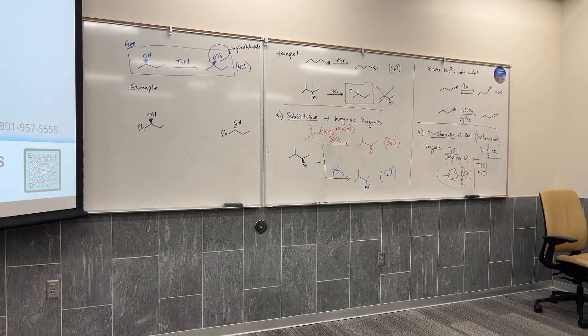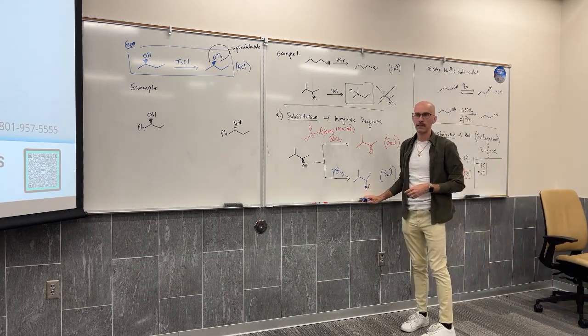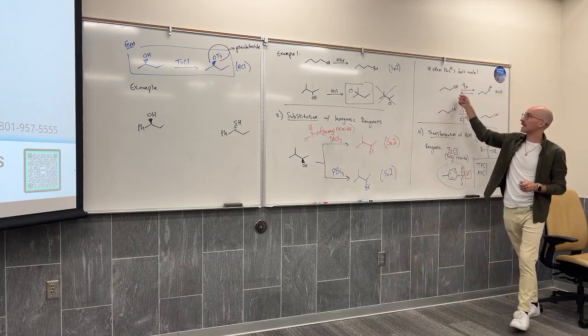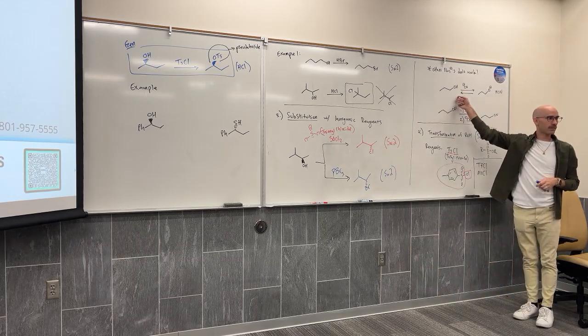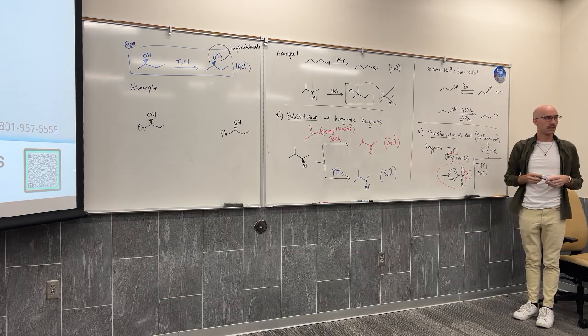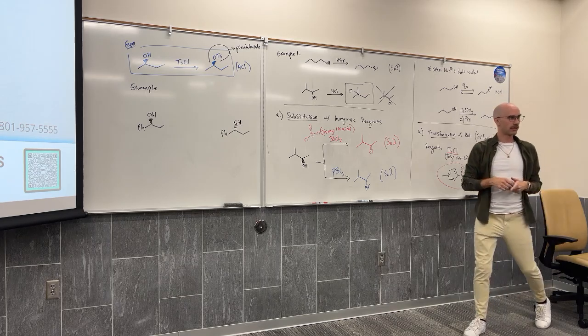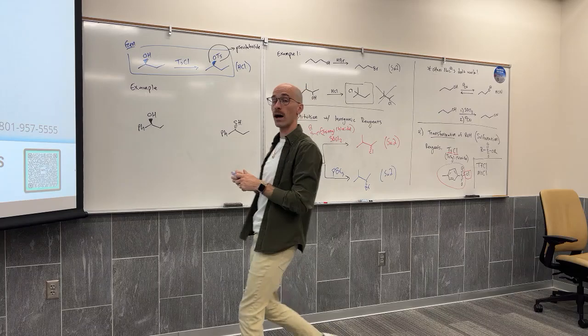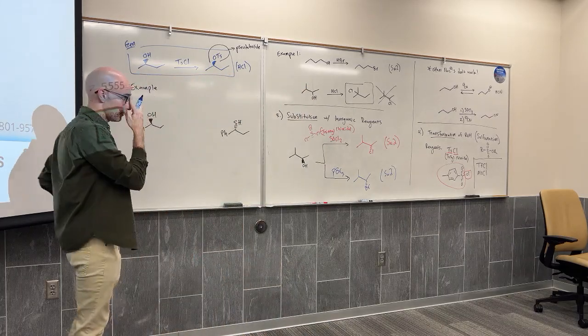Notice the stereochemistry of the reaction. I want my alcohol to start wedged, and I want my thiol to be dashed. So the stereochemistry is important. Well, alcohols cannot be substituted by thiols. There's just an acid-base equilibrium that happens between the S- and the OH. So I'll transform it.